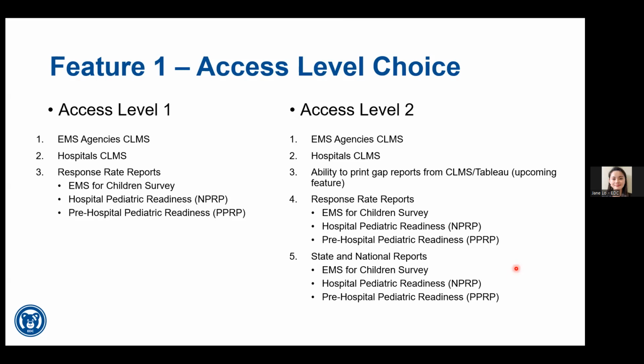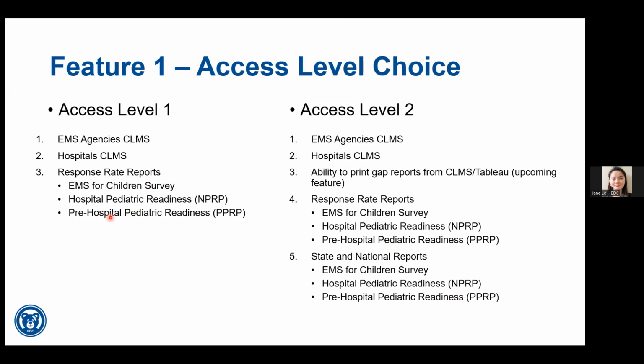For example, your PAC information or the PAC PQI dashboard will only be in your state summary report, which only whoever has access level 2, the higher access, can see. If people only have access level 1, they will only be able to see the response rate, meaning who responded and non-respondents, but not your PAC information.